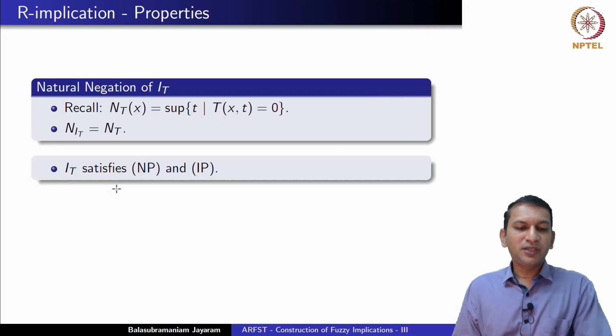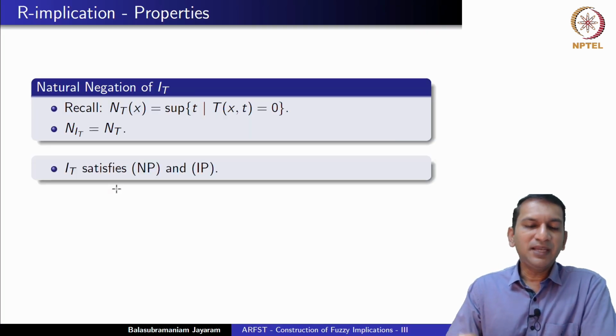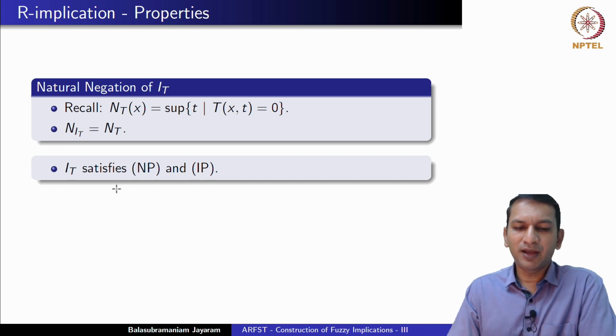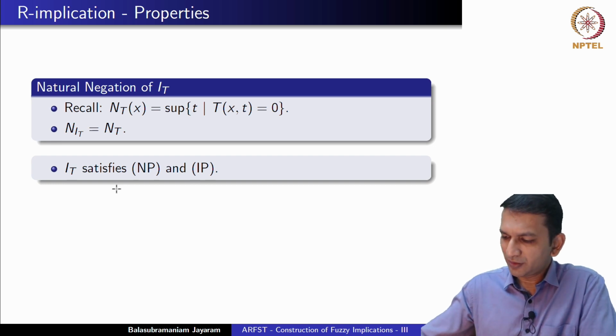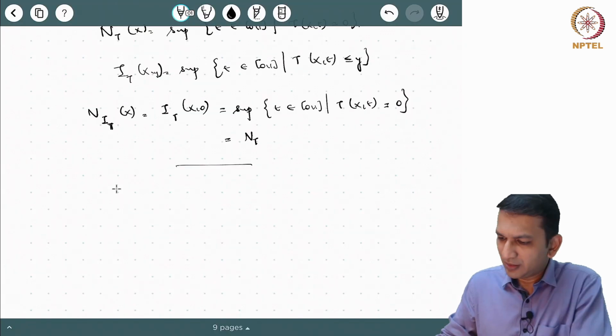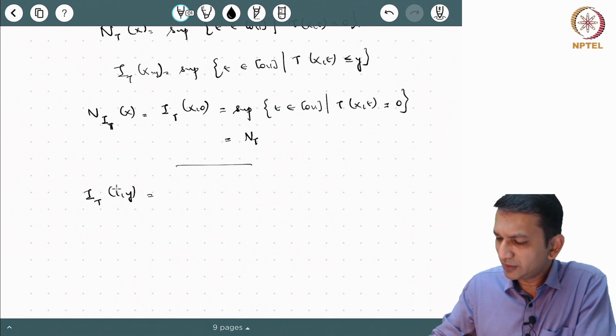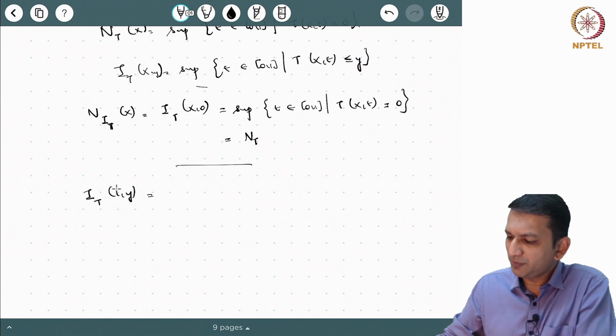Now, what about the other properties? It can be easily shown that I_T satisfies both the neutrality property and the identity principle. Why so? Let's look at I_T(1, y). Now T is any T norm, and this is the definition of an R implication.